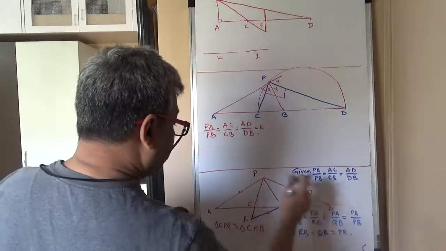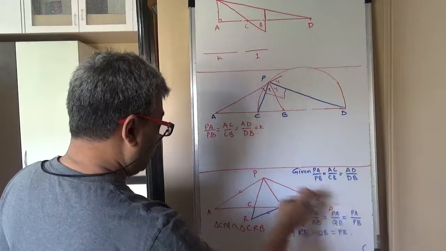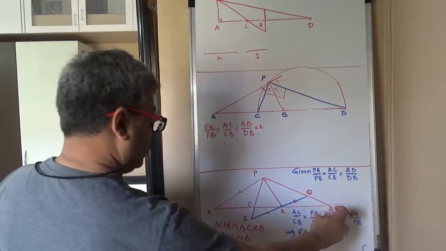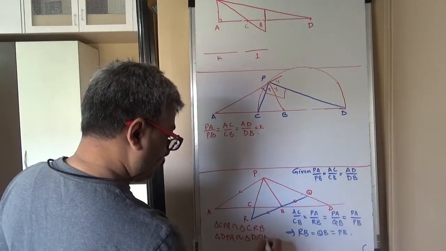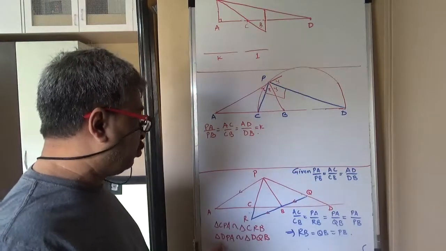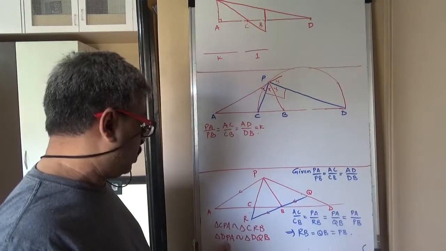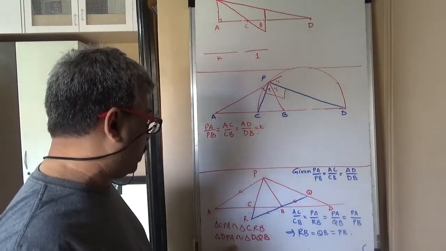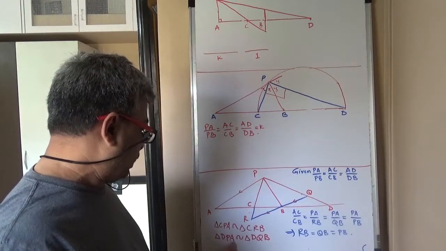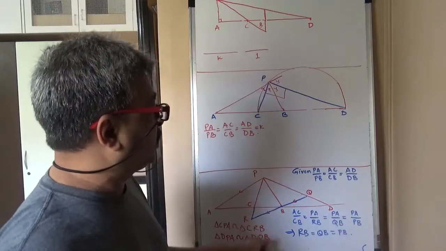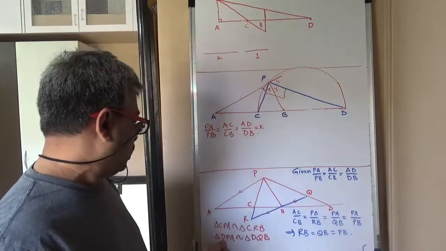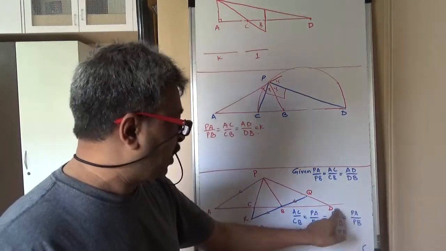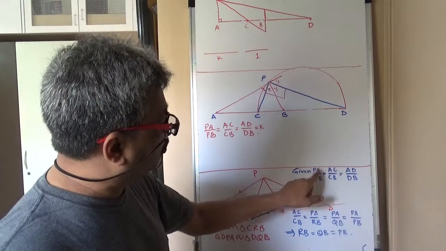Now if I take another pair of similar triangles, triangle DPA is going to be similar to DQB, right? And again it will give me the ratio AD upon DB, which is again going to be equal to PA upon QB, and in the given condition it is PA upon PB.